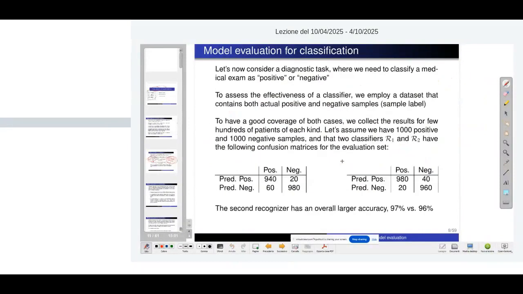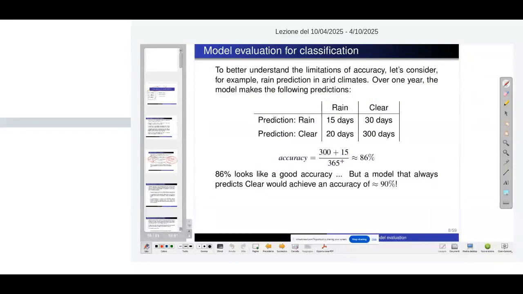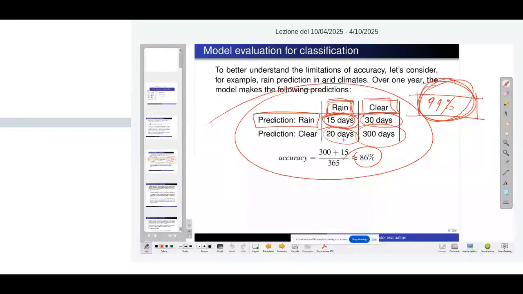But as your colleague said, let's imagine now a classifier that always predicts clear. If my classifier says clear every time, what do I get? Well, I get 0 here. I never predict rain. Then 35 days I predict clear and it was rainy.